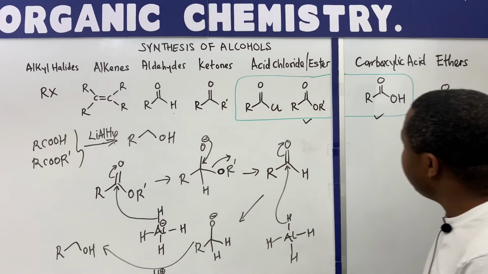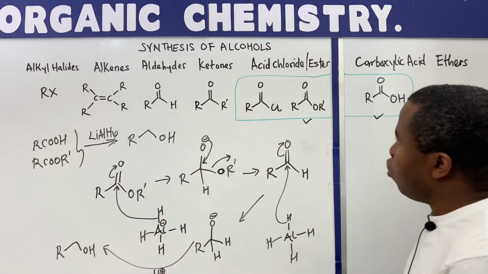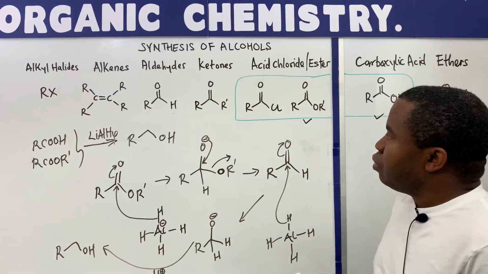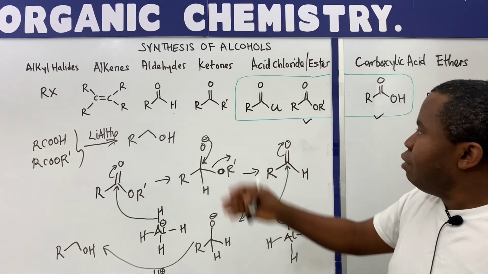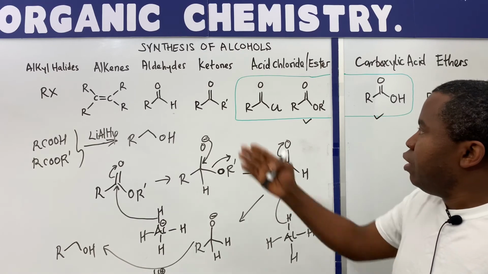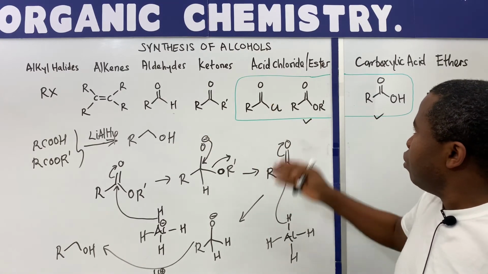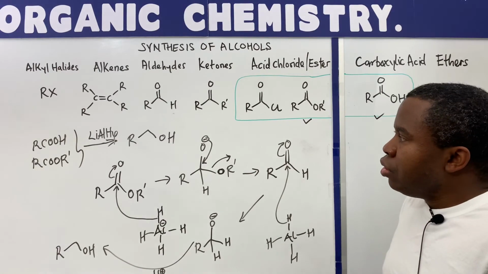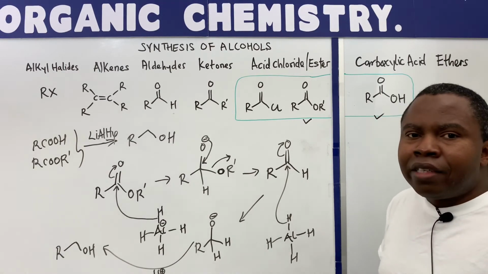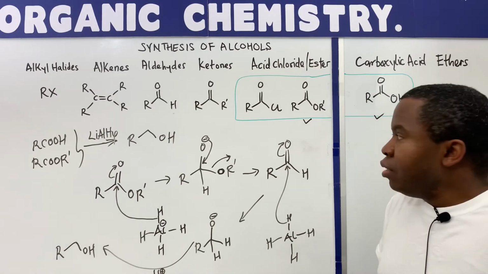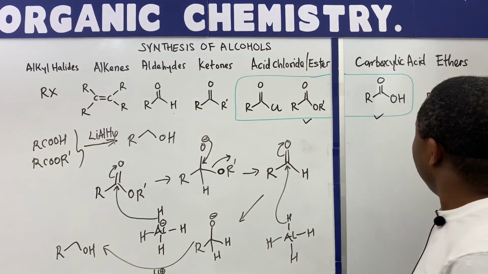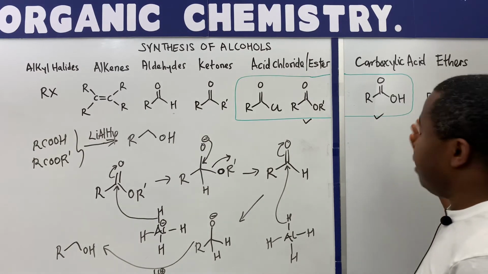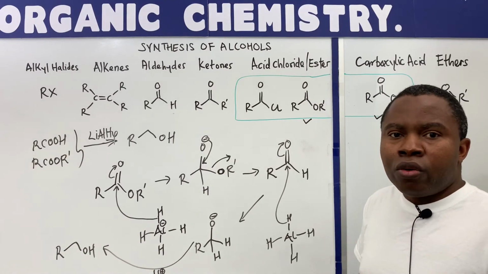And that is how we are able to form alcohol using the different reactions of different classes of compounds, the aldehyde, ketones, acid chloride and ester, by reaction with Grignard reagents or reduction with lithium aluminum hydride or sodium borohydride. So next, we're going to be talking about how we can use ethers to make alcohols.